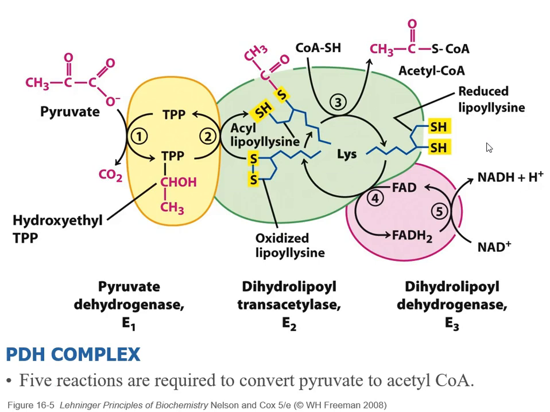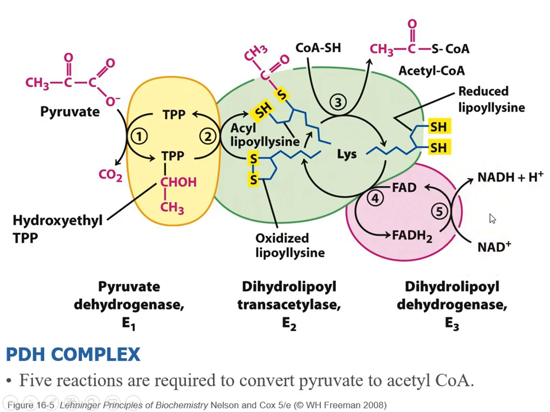And that happens in 2 steps. The protons and electrons are transferred to FAD, which is a coenzyme that's part of the dihydrolipoyl dehydrogenase in E3, and the FAD accepts those protons and electrons to become FADH2, and then finally those protons and electrons are transferred to NAD plus to form NADH.